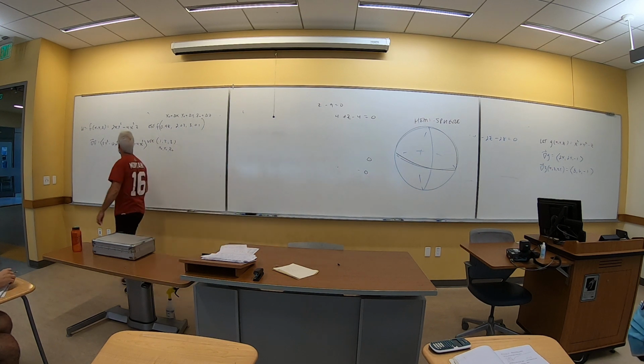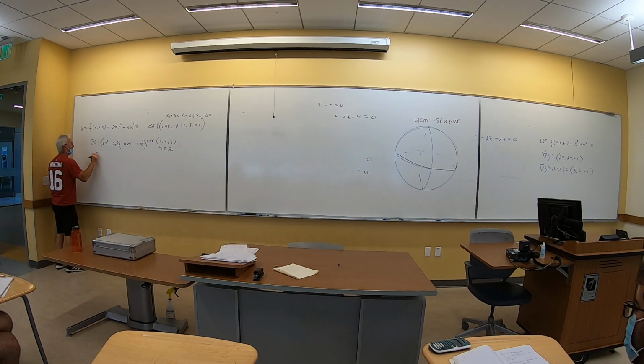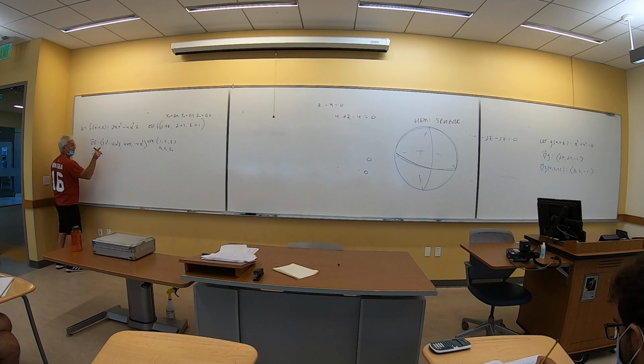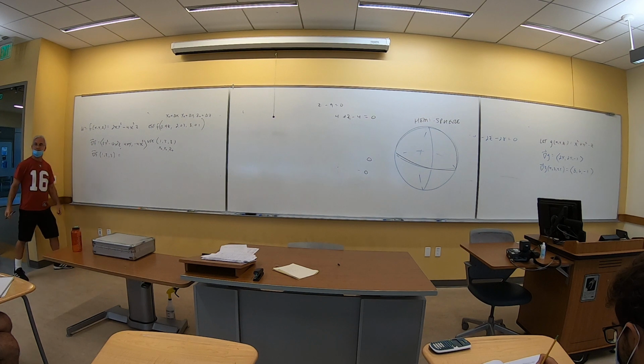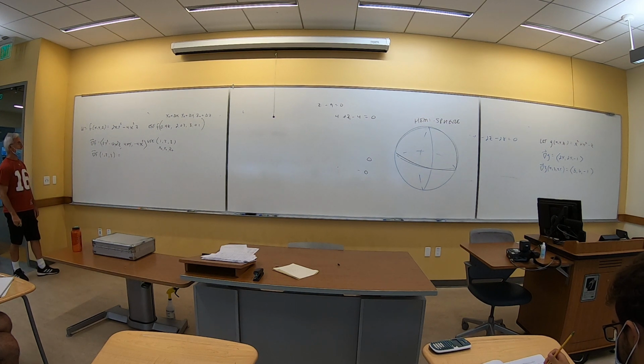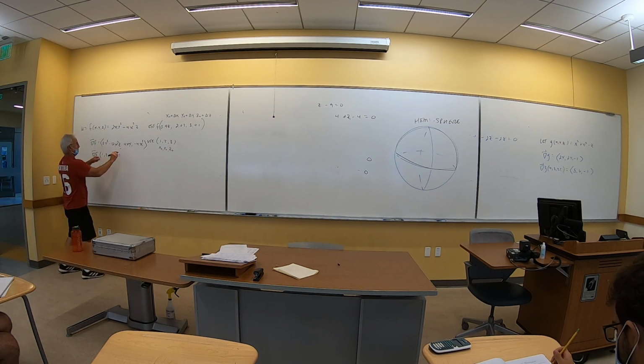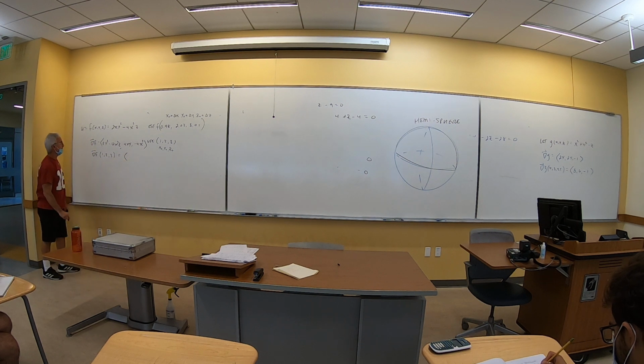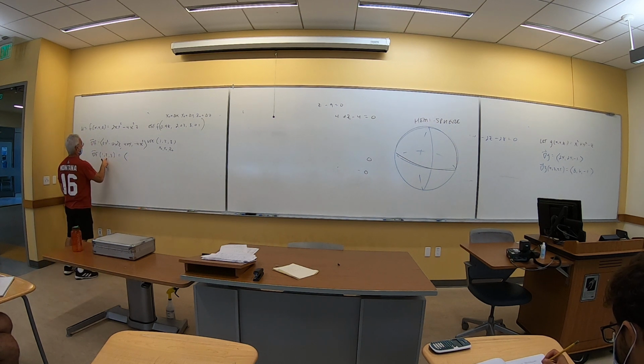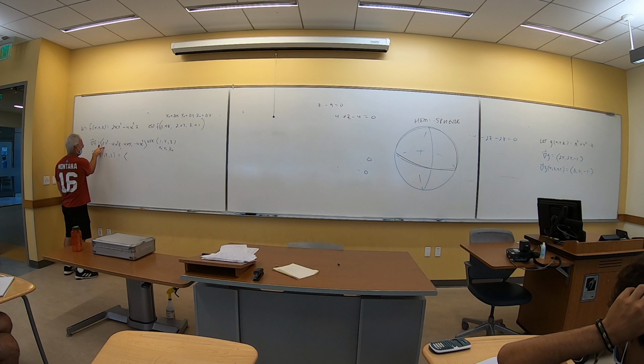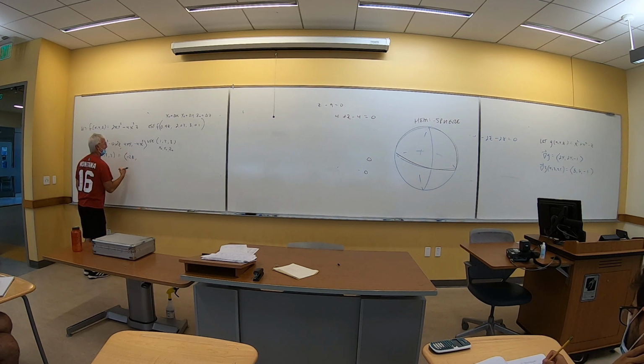Now, what is the gradient evaluated at 1, 2, 3? Go slow. So evaluated here would be 8 minus 36, I think that'd be negative 28.